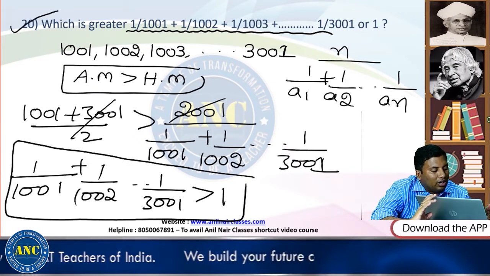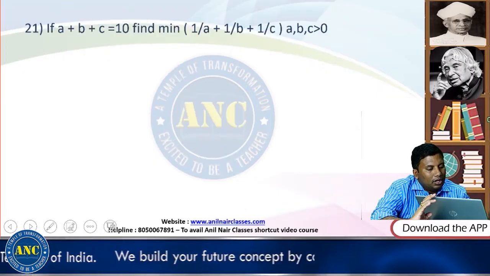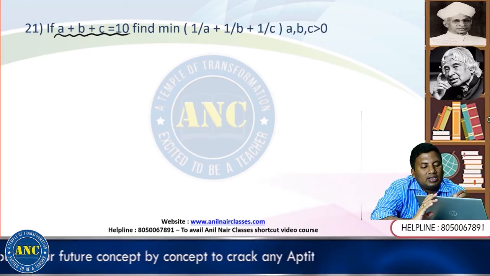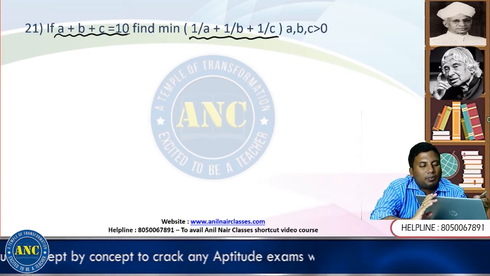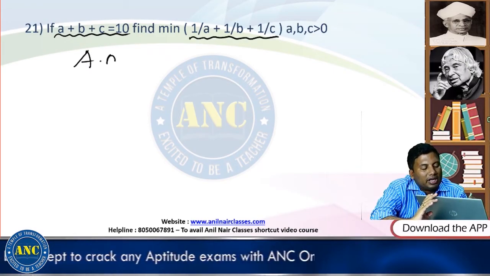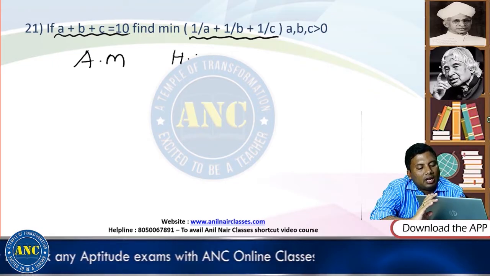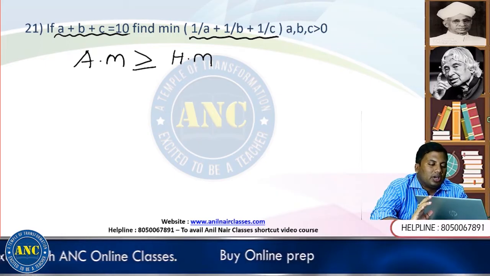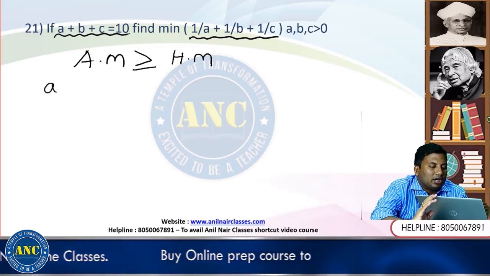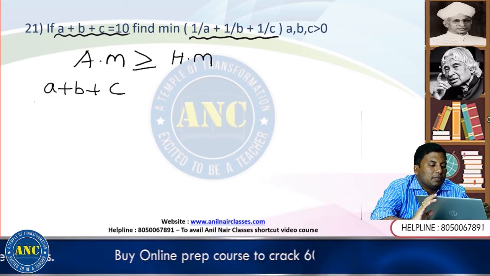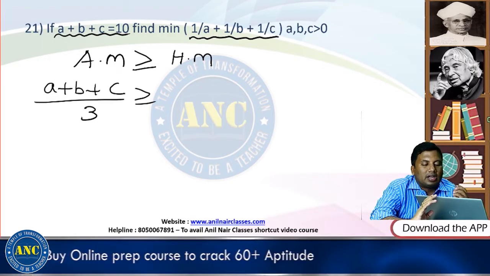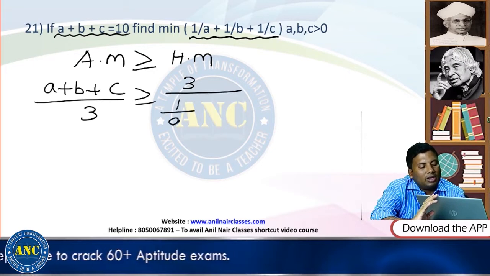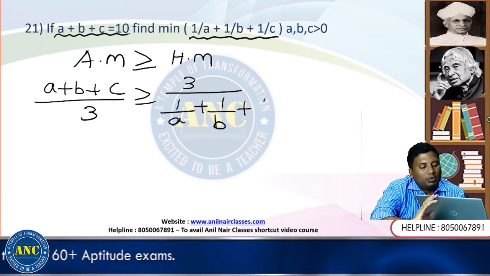A plus B plus C is equivalent to 10. Sum is given. He is asking for the reciprocal. Sum will come in arithmetic mean. Reciprocal will come in harmonic mean. Relationship is AM greater than or equivalent to HM. AM is nothing but sum of the quantities by number of the quantities, greater than or equivalent to harmonic mean, which is n by 1 by a1 plus 1 by a2 plus 1 by a3.